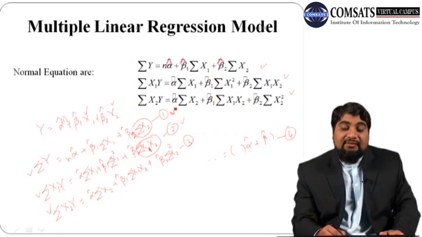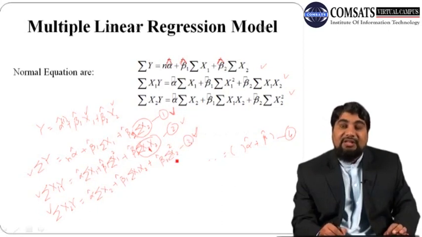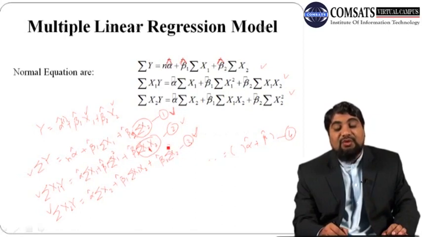And then again, now solving 1 and 3, and this time again cancelling beta 2 hat. So multiply equation 1 with summation x2 square and equation 3 with summation x2, and again subtract 3 from 1.